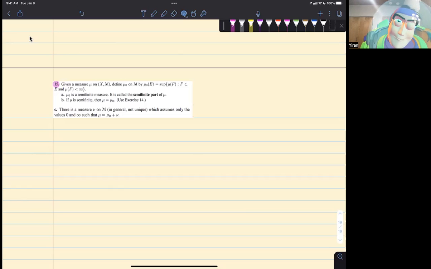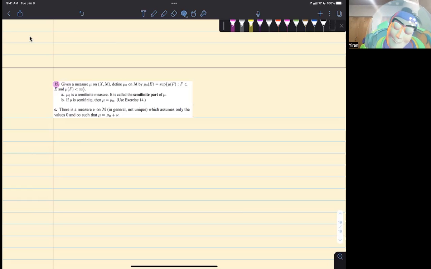Okay, and since we want to show this inequality, notice that if we can show mu of f is smaller or equal than this, which is smaller or equal than this, then the supremum of mu f, where f, okay, let me write it.